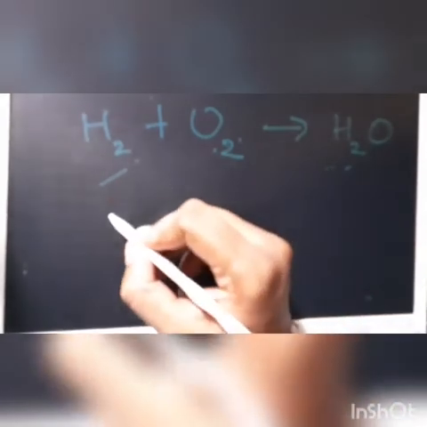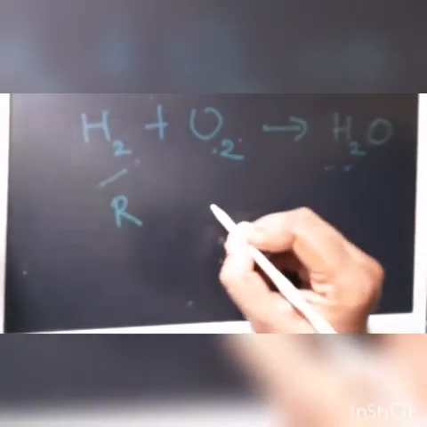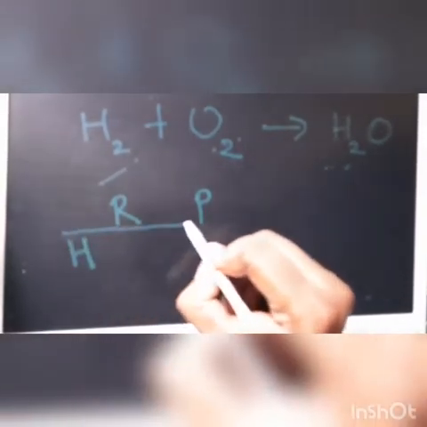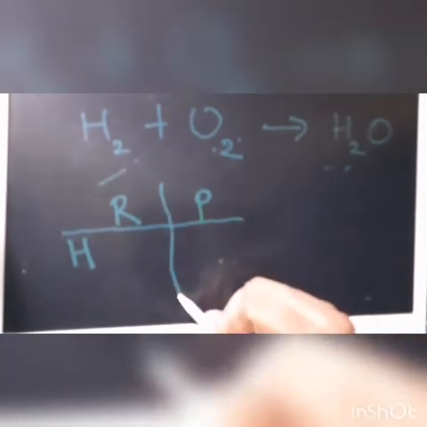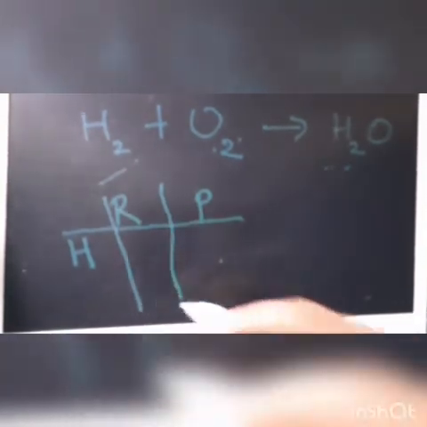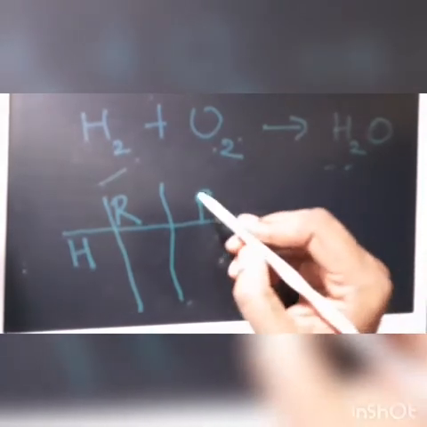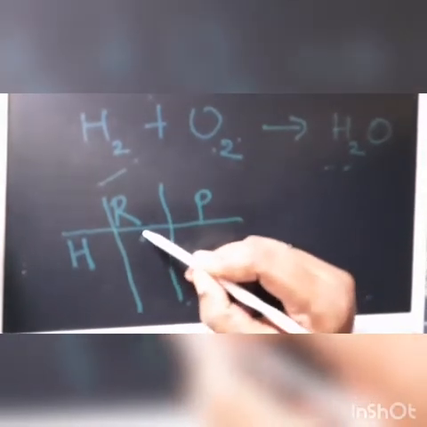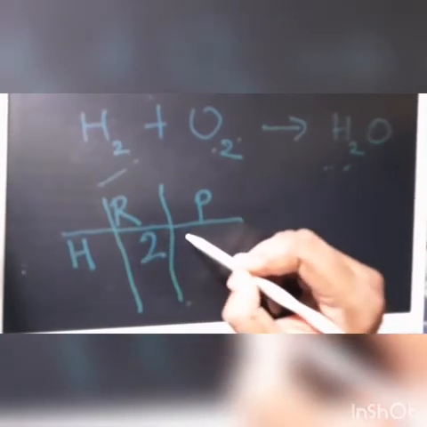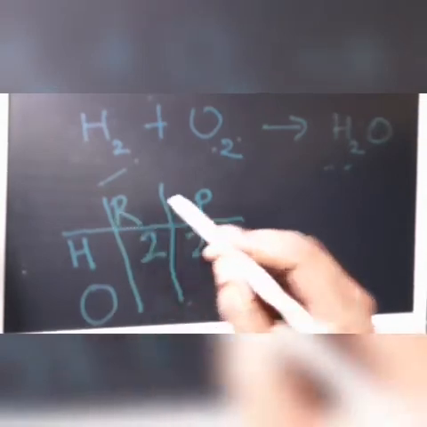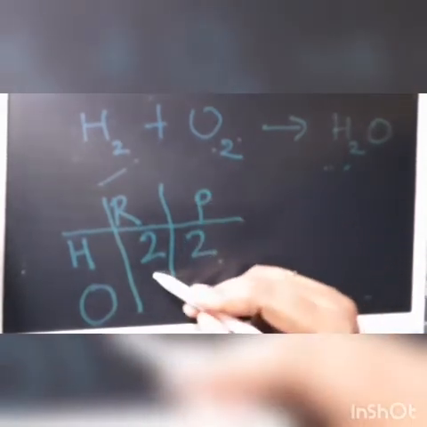Let us write how many hydrogen atoms are there in the reactant side and the product side. Hydrogen, in the reactant side, 2. In the product side, 2. Coming on to oxygen, how many are there in the reactant side? 2.